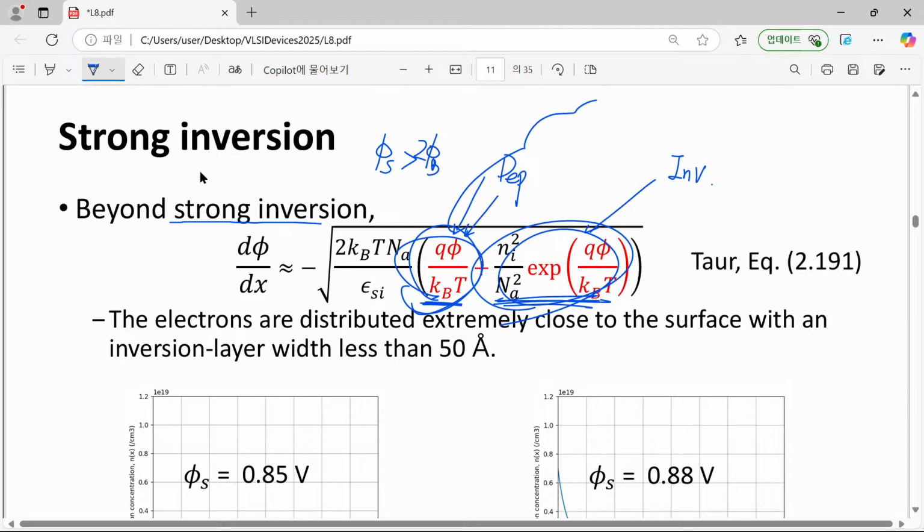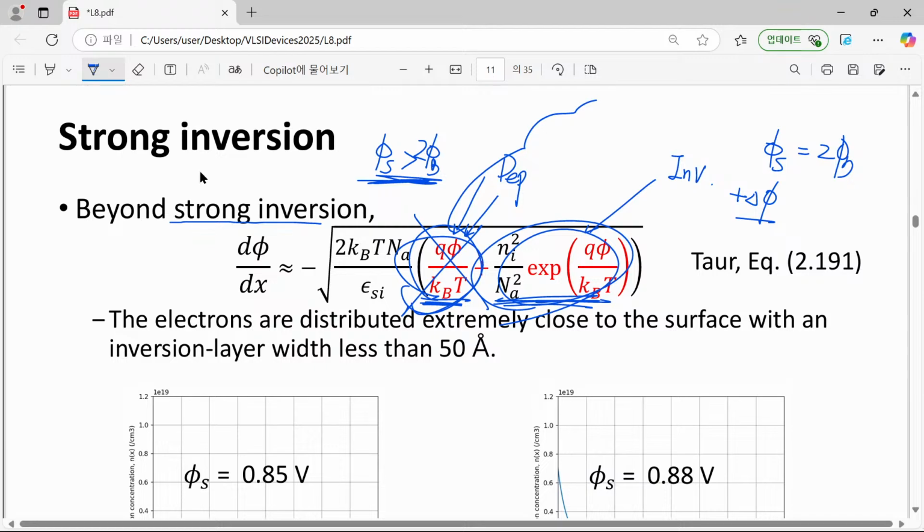The reason is, of course, when we have phi s equal to 2 times phi b, these two terms become comparable. However, when we additionally add a delta phi, if we could increase this delta phi indefinitely, then of course this term doesn't play any role.